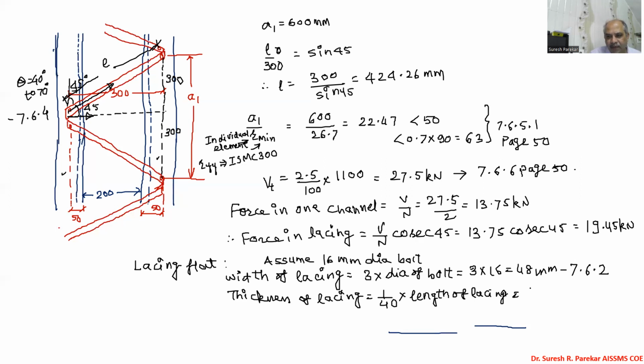So we have 1 by 40 into 424.26, and we will get this value that is equal to 10.60 millimeters. So this is according to clause number 7.6.3.